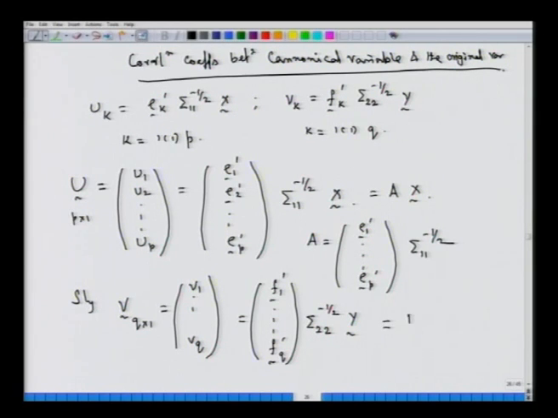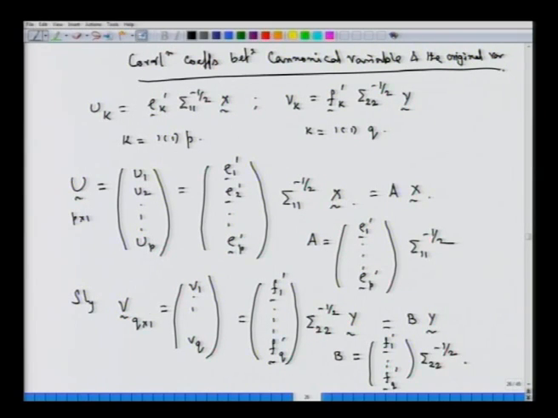Let us denote that by a matrix B times this y vector, wherein B, similar to this A, is given by f1 prime, f2 prime, up to fq prime times sigma 22 to the power minus half.